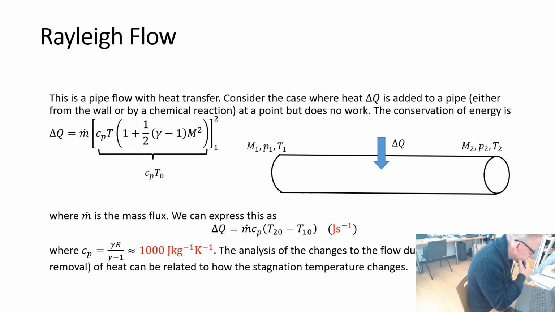So if the heat added is delta Q, m dot is the mass flux, and cp is the heat capacity, then the heat being added in joules per second, or watts, we can rearrange in terms of how the stagnation temperature itself changes due to the addition of heat.